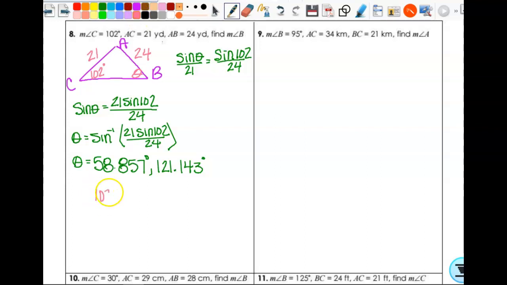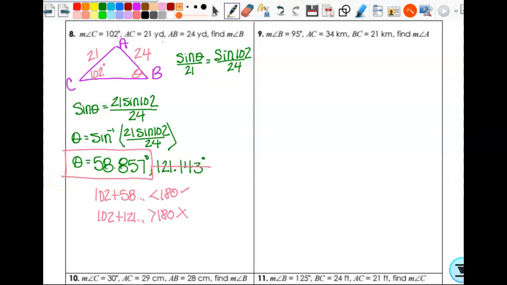So 102 plus the 58 degrees, that is less than 180. So that's good. But then when I take the 102 plus the 121, that's greater than 180, and that's not good. So this one doesn't work, and I only have one answer for this.